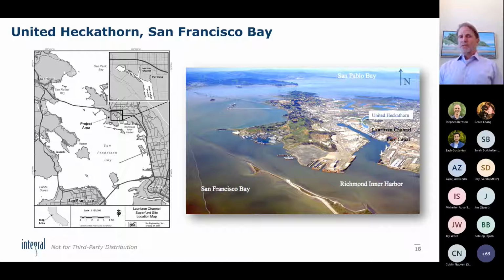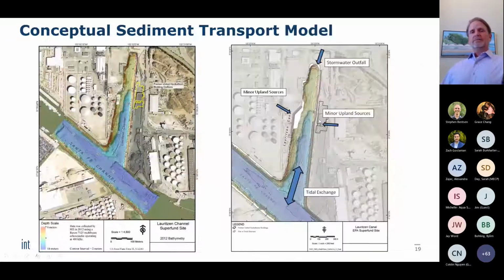One of the challenges, though, is in 5 and 10-year reviews, the DDT levels are still very high, and a lot of that is supposed to be due to under-pier areas that were not able to be fully dredged due to debris in the area, and have subsequently come back out into the channel.